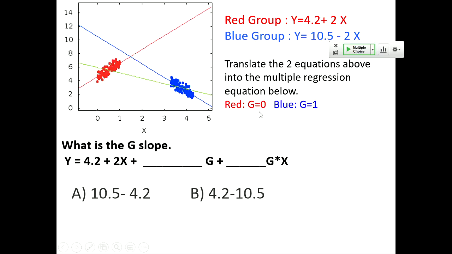Okay, now what is the G slope? Just do the G. It's one of these two. Which one do you think it is? You want to end up with 10.5 there.